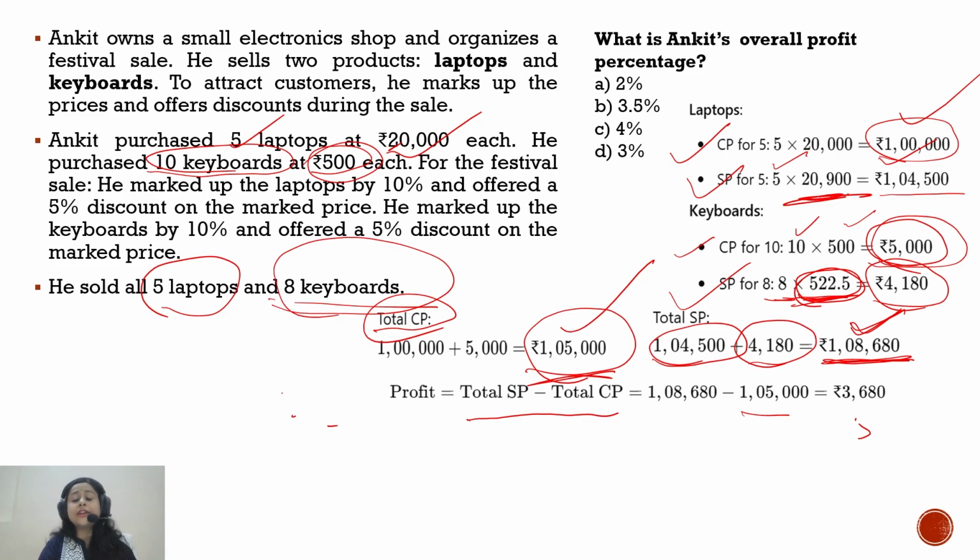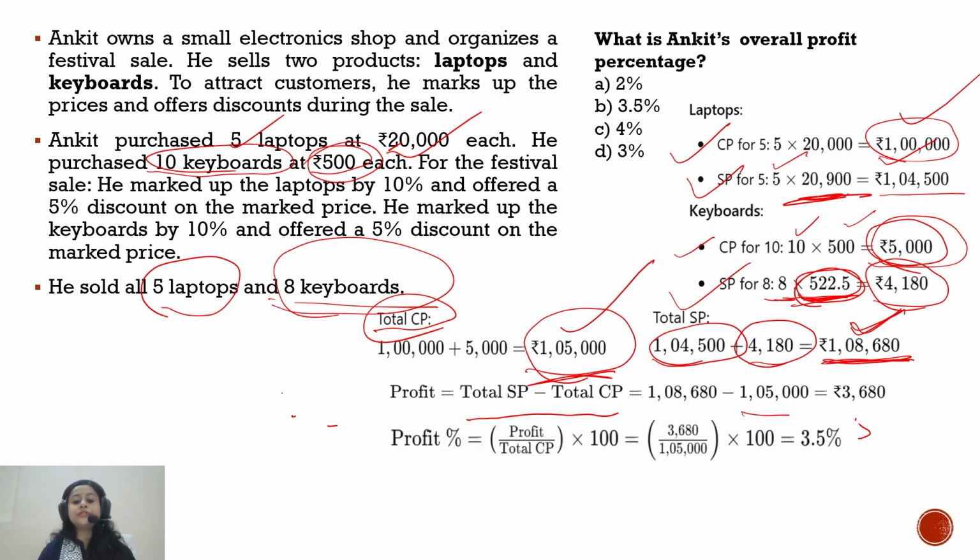Now, as I mentioned earlier in the last lecture also, profit percentage is calculated on cost price, not on selling price. So out of the total cost price, how much you are earning profit, that will give the profit percentage, right?